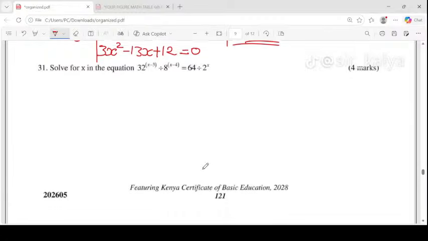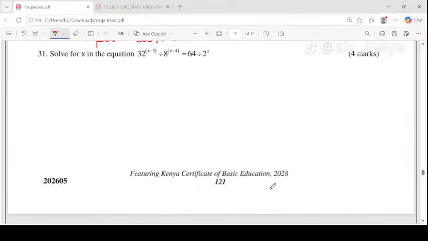Question number 31. The paper is becoming much more interesting.